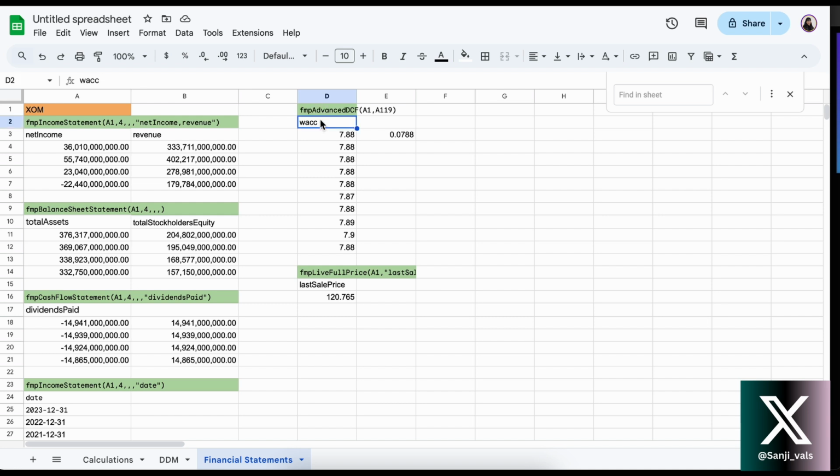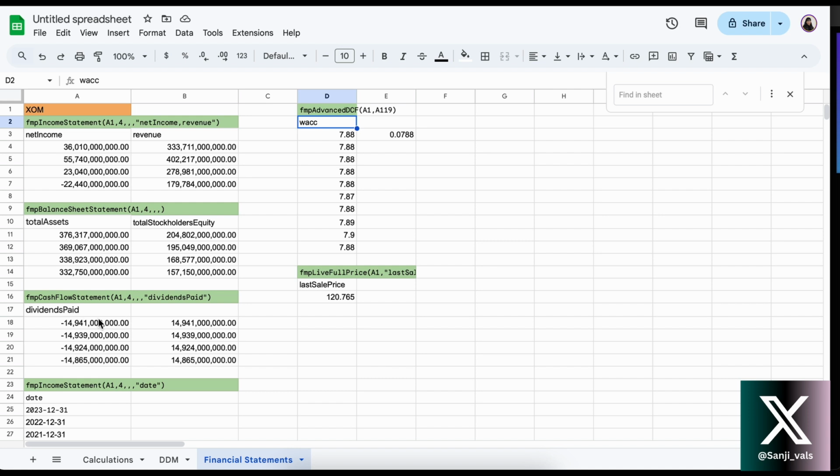This is the weighted average cost of capital. I've explained in more detail what it is in a previous video, or sometimes analysts may refer to it as the required return. That's the rate that you use to discount your cash flow in DCF and discount your dividends in the DDM model. You will see later why we need this model.